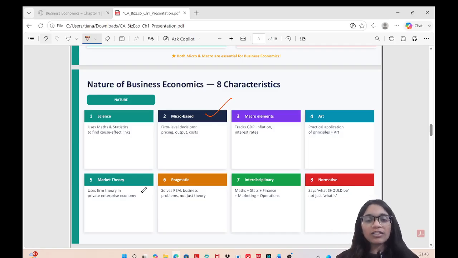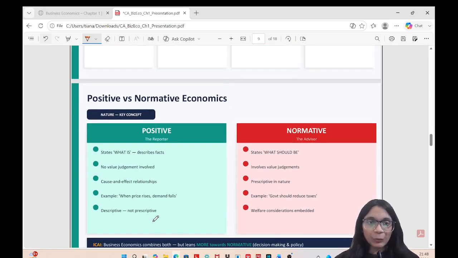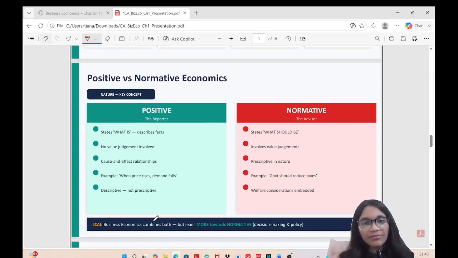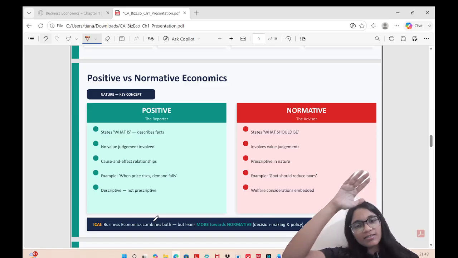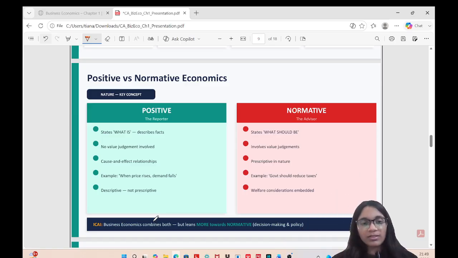They also know what will happen, and they also give suggestions to the managers saying what they should do. The difference between positive and normative economics: positive is nothing but stating what it is exactly, no value judgment involved, a cause and effect relationship. Price increases, demand falls. That's all logic.